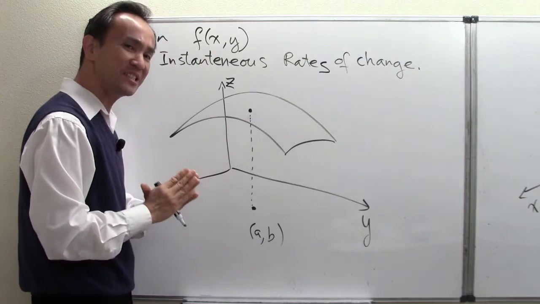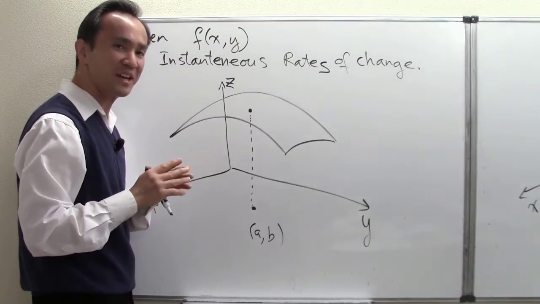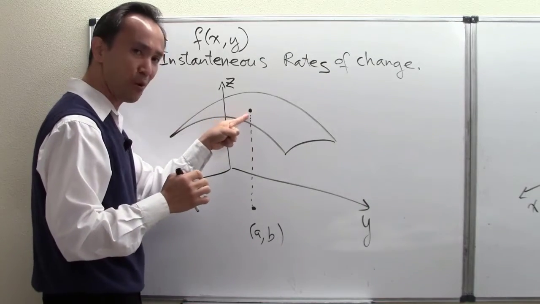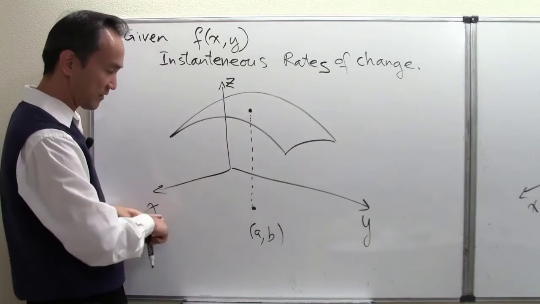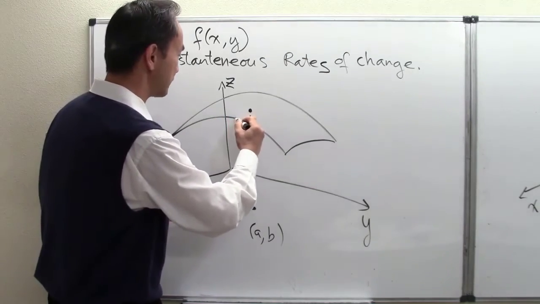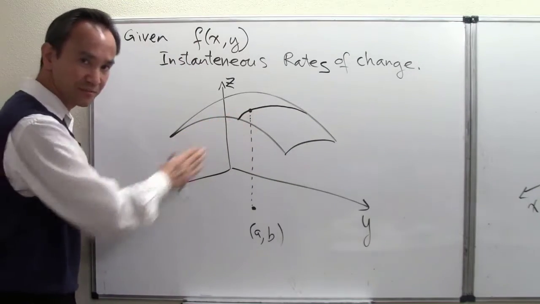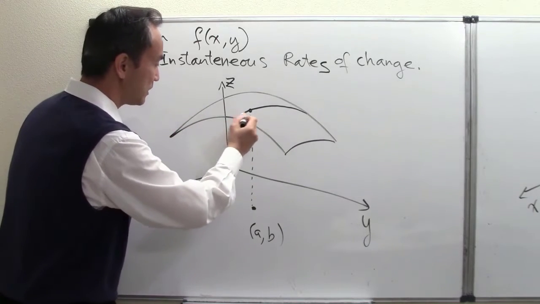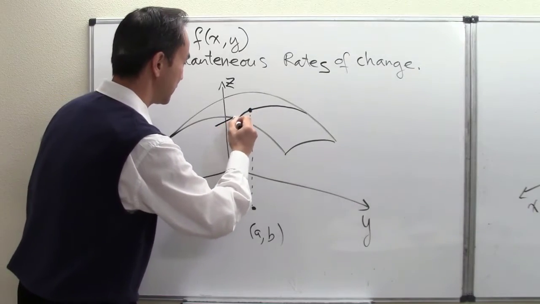Back in the lecture where I showed everyone how to make a hand sketch, I introduced the idea of using the tracing curve. So this point on the surface belongs to a tracing curve. How about the tracing curve here? I'm going to draw the tracing curve that's parallel to the x-axis. That's the tracing curve right there, and with this tracing curve, that point has a tangent line.